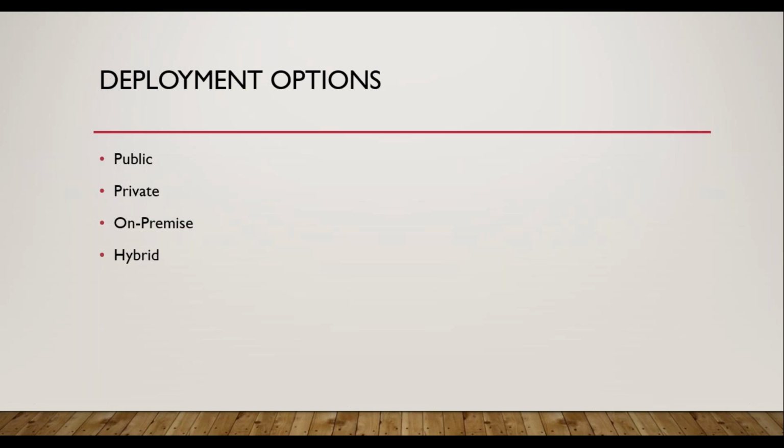And a private is a data center that is managed by Oracle Corp. Here, in the public deployment option or private deployment option, the data center is managed by Oracle Corporation only. But the usage is quite different.